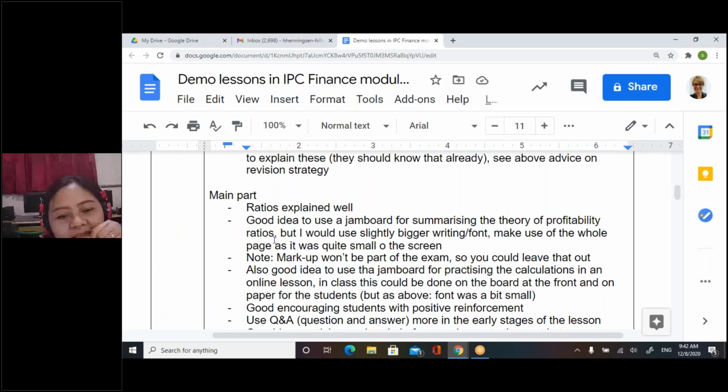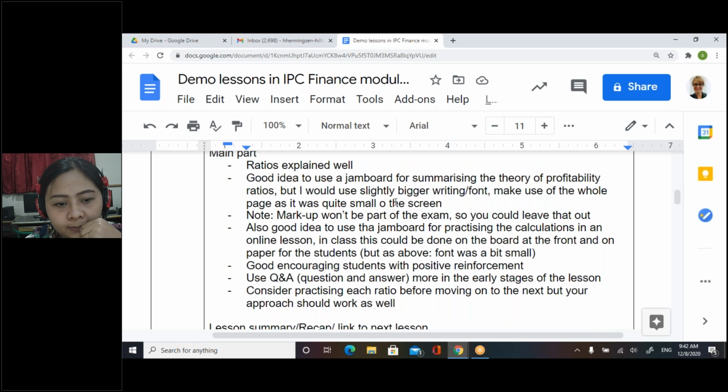So I would say on that first Jamboard, use the whole page, use all the space you've got on the screen to make it as big as possible for the students to see. Okay, so that would be my advice there. But I really like the idea of the Jamboard and how you developed the ratios there.